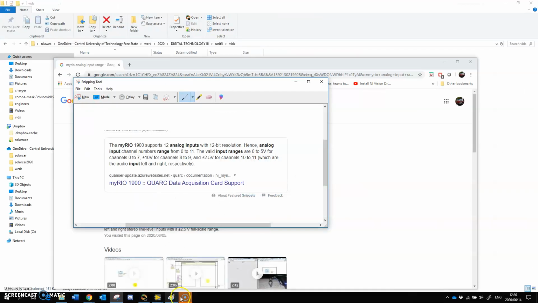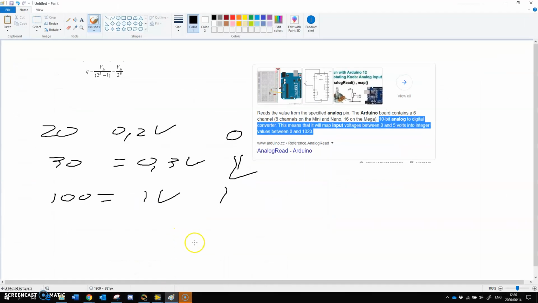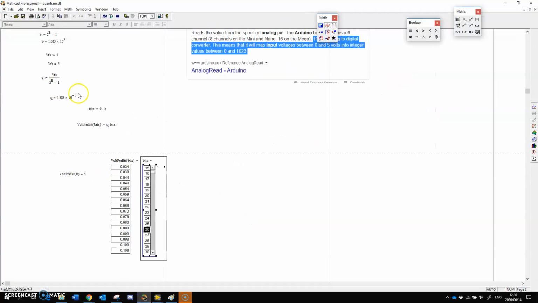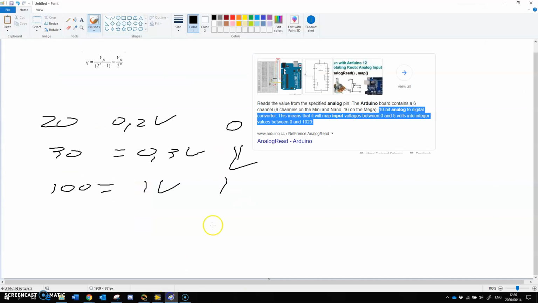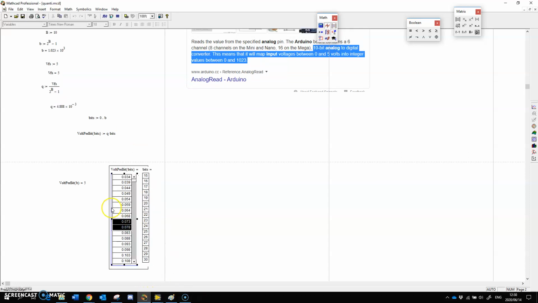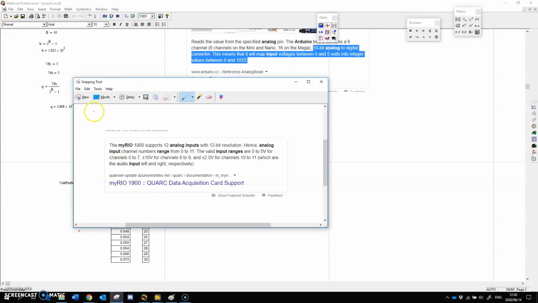Let me just go back to the sketch here. So every time we get that voltage, a step size of this voltage, which is 4 millivolts, we get these steps.